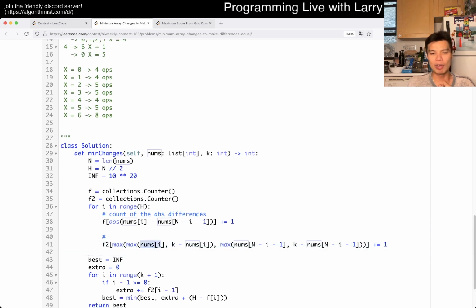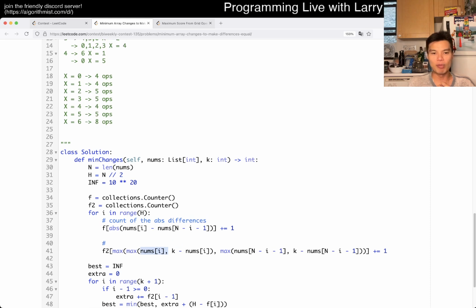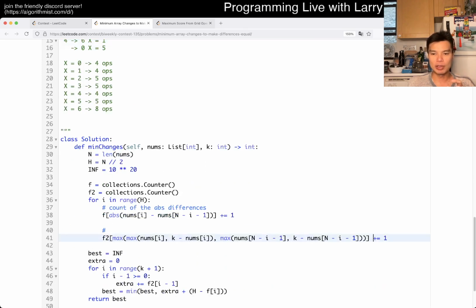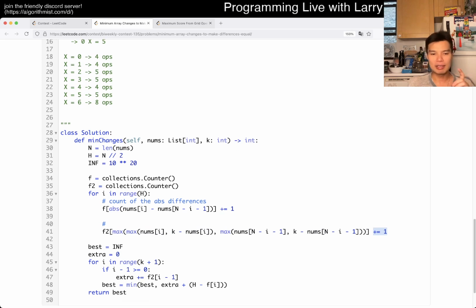If the other number goes to 0, then this is going to be the max x. If the other number goes to k, this is the max x, and so forth. So we do this for all 4 cases, which is what we talked about, and then we increment, right? The way that we do this increment is by a sort of prefix sum.